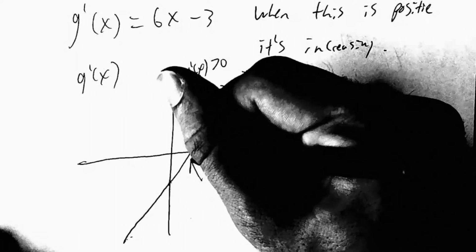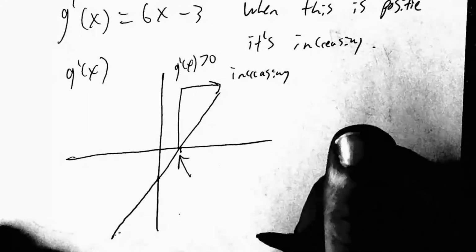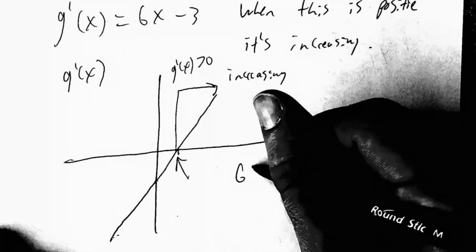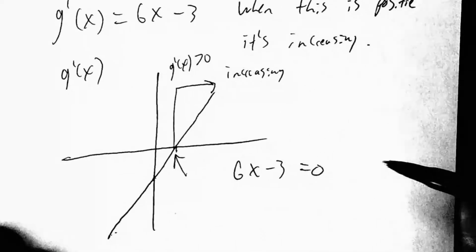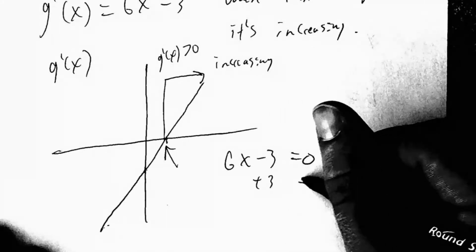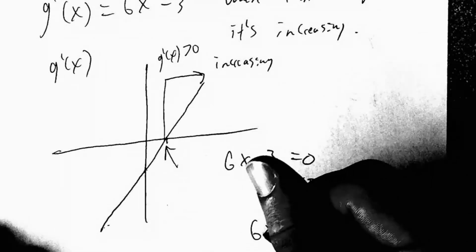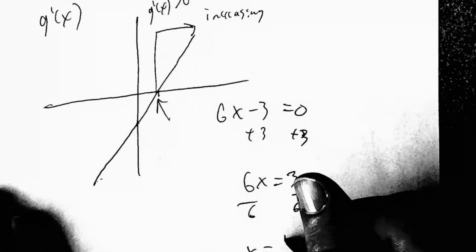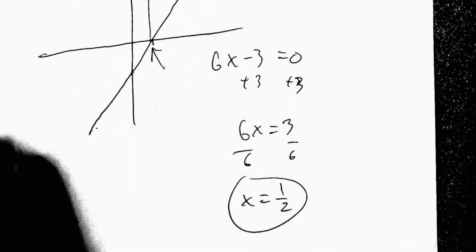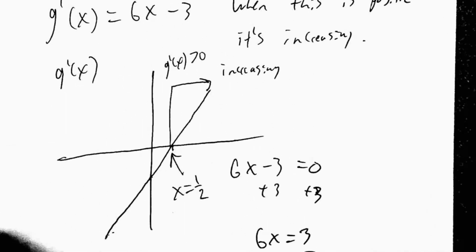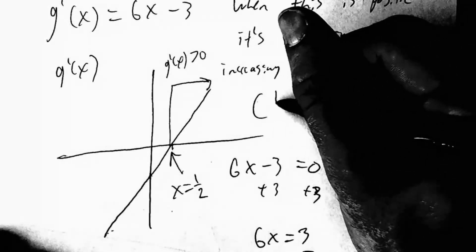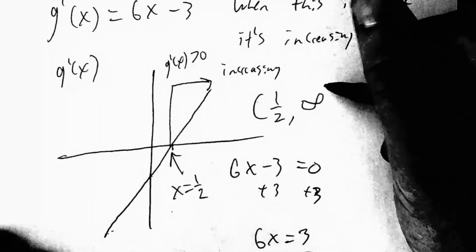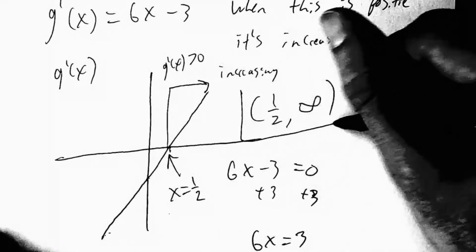To find this value, we set it equal to 0. So 6x minus 3 equals 0. Plus 3, we get 6x equals 3, divided by 6, x equals 1 half. That means that from 1 half to infinity, we are increasing.